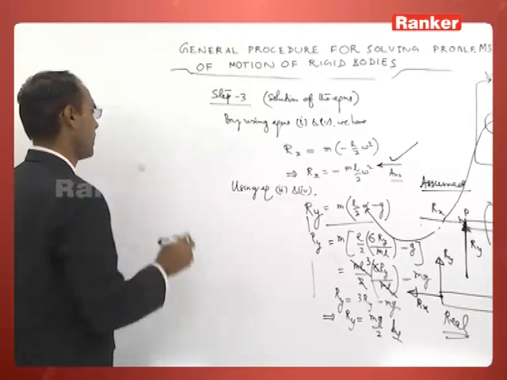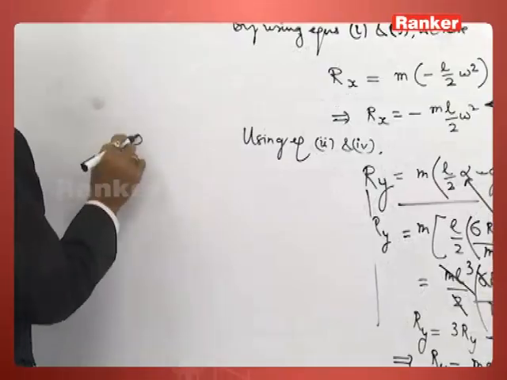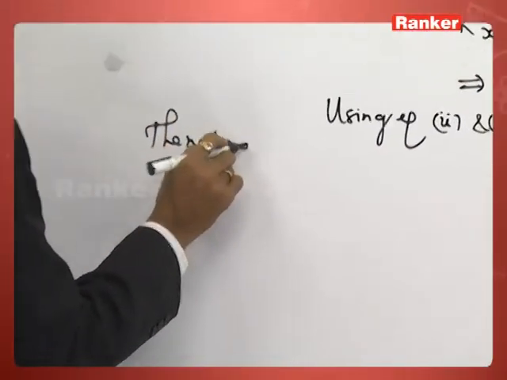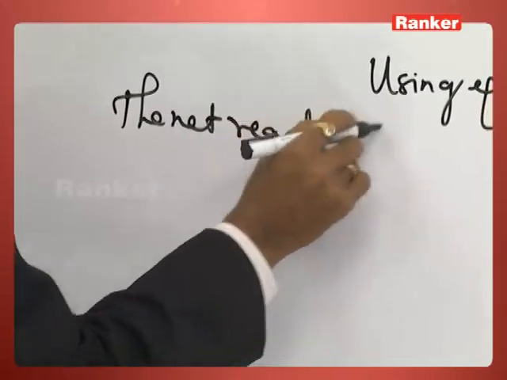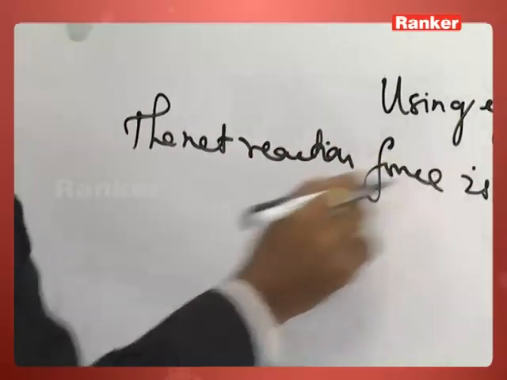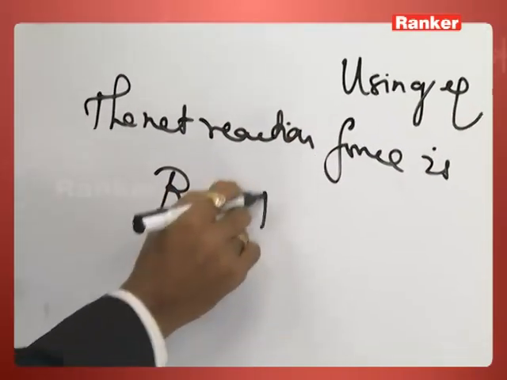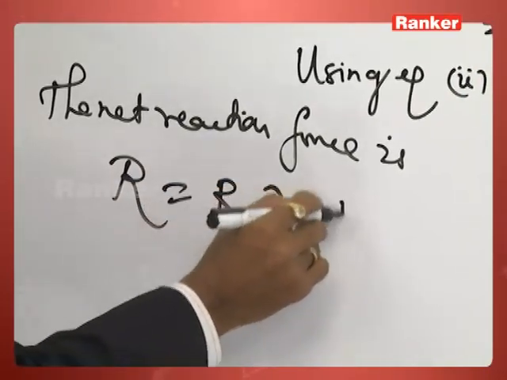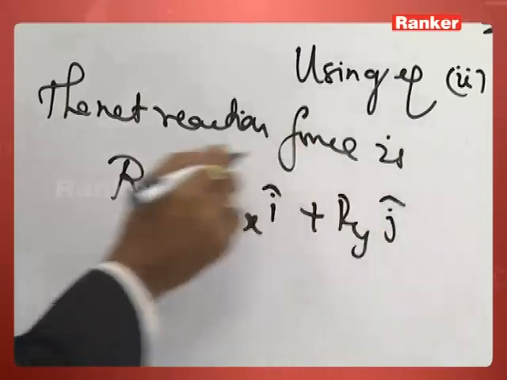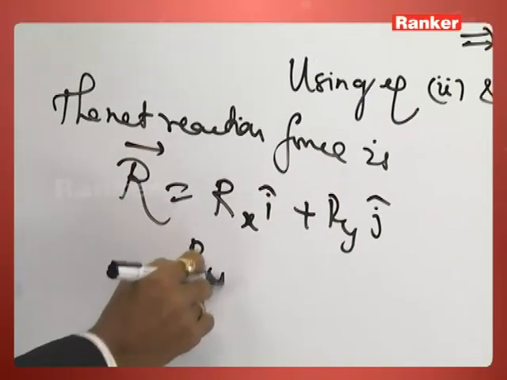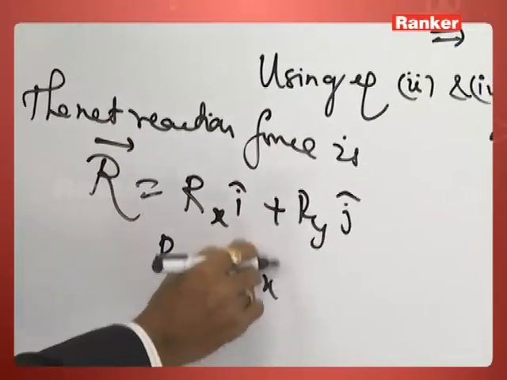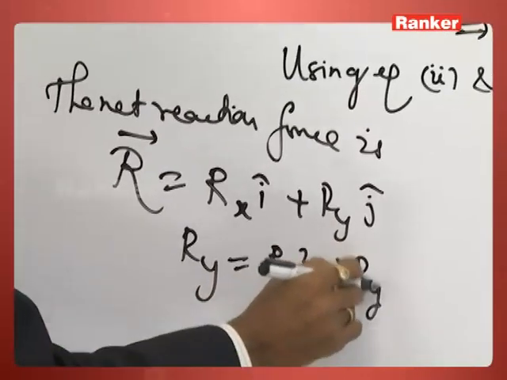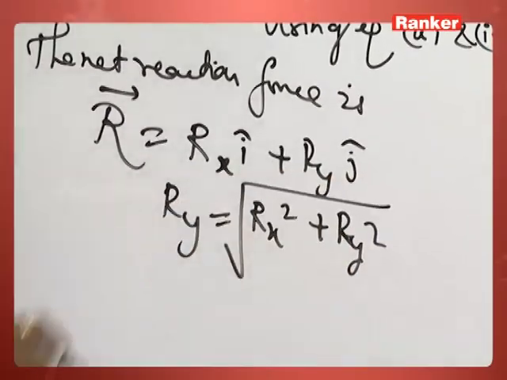Next, the net reaction force is R = Rx i cap + Ry j cap. So its magnitude is equal to the square root of Rx squared plus Ry squared.